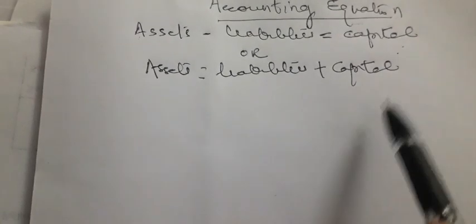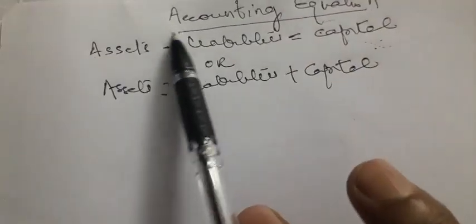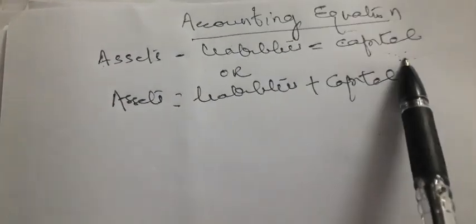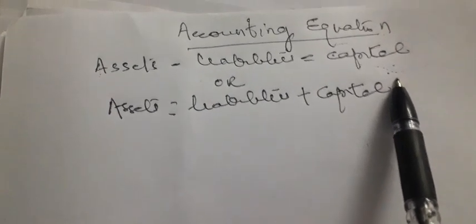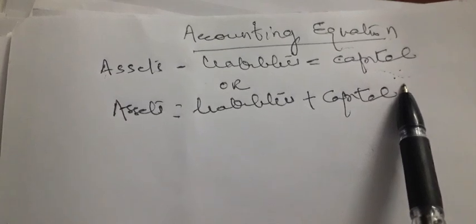Capital is also known as owner's equity. So in every transaction, this equation should be fulfilled. The left hand side should always be equal to the right hand side. If it is so, this ensures that the rules of the double entry system are being followed.